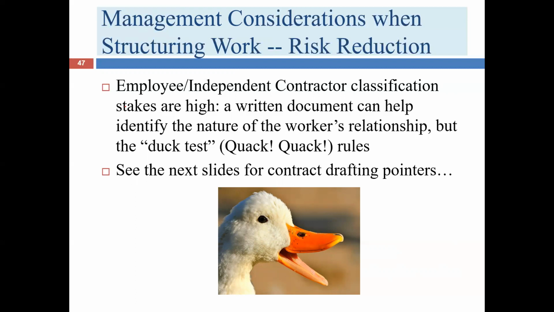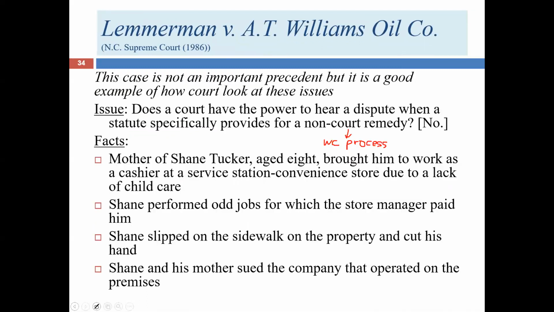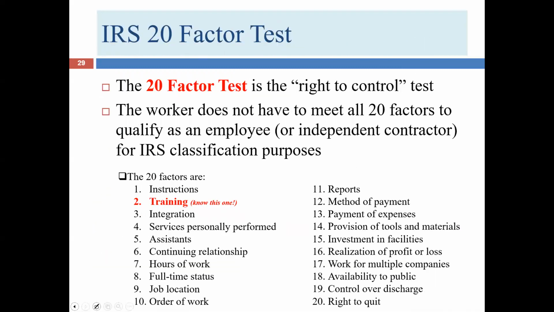So one way to reduce your risk is going to be to document the independent contractor status. You're going to create documents that support this version of what you think reality is. And your guiding principles are going to be these things that we talked about earlier when we were looking at these goals.